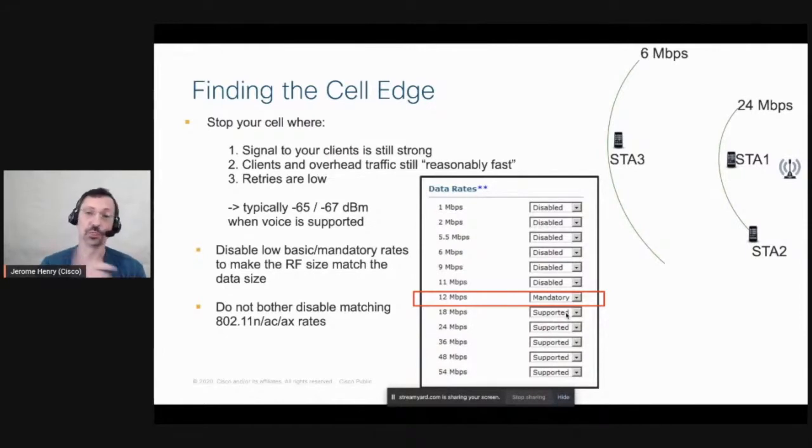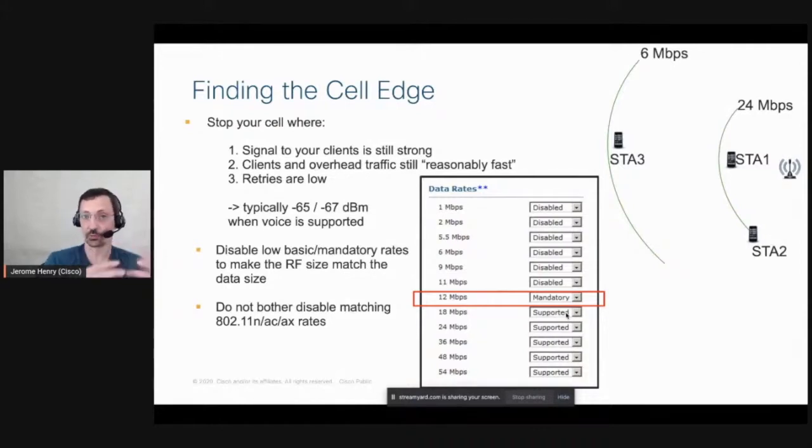The beacons and the probe responses are going to be sent at 12 megabit per second, which means that when the client moves away from that cell by the middle, it still hears the beacons well, but if it continues, it will start losing those beacons or probe responses because it will be beyond the point where those rates are easy to demodulate.